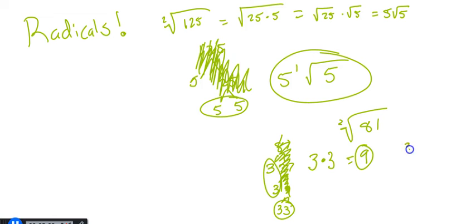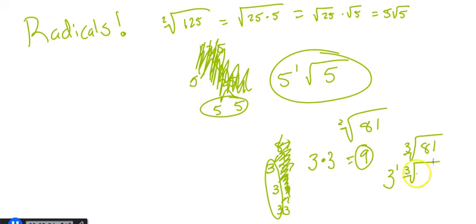So what if this was a cube root of 81, okay? Instead of groups of 2, I'll be looking for groups of 3. So here I have 1, 2, 3. Let's go ahead and circle that. I have one group of 3, so a 3 is going to come outside. I have one of those groups, so that's like 3 to the first.